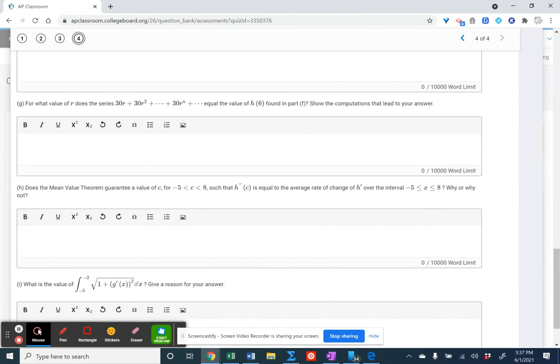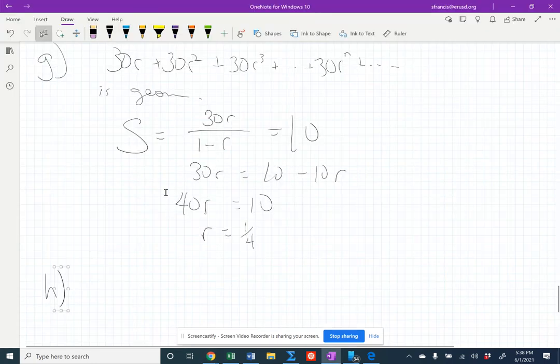H. Does the Mean Value Theorem guarantee a value C such that H double prime is equal to the average rate of change of H prime over this interval? No, it does not, because H prime is not differentiable.